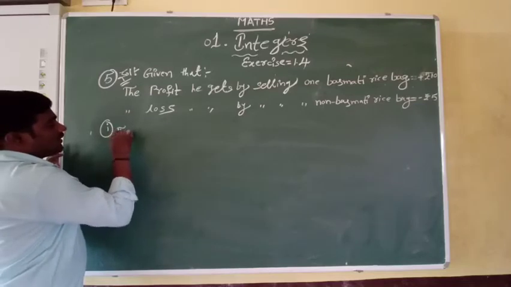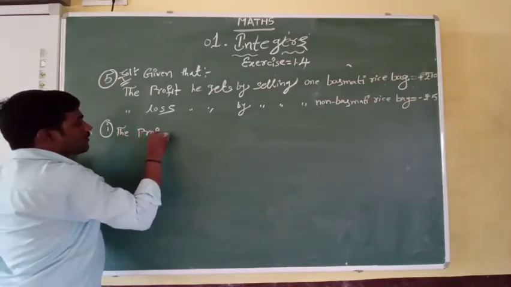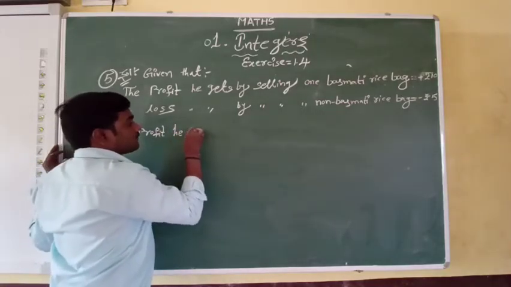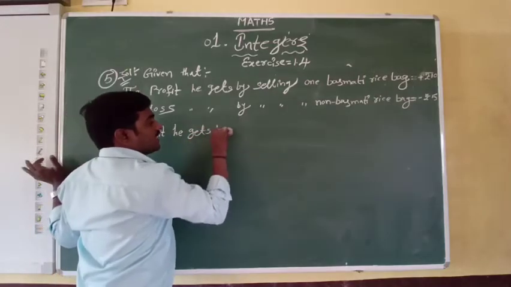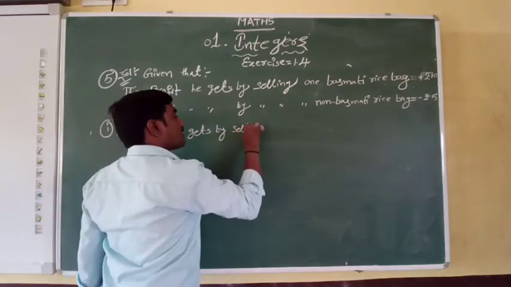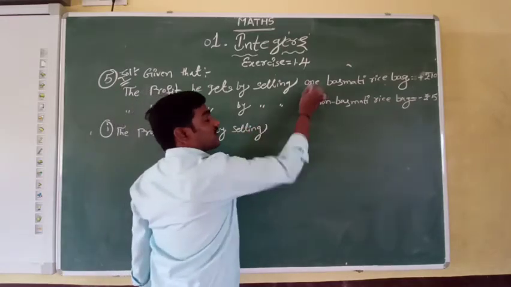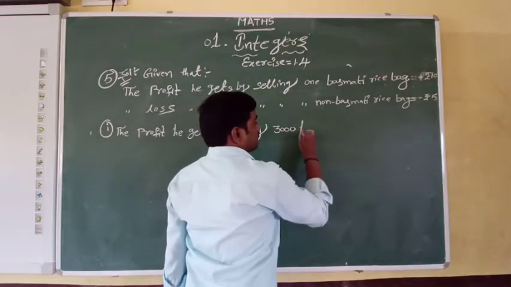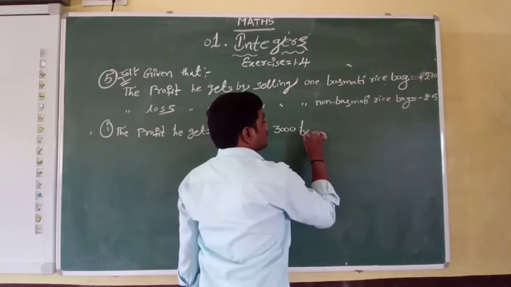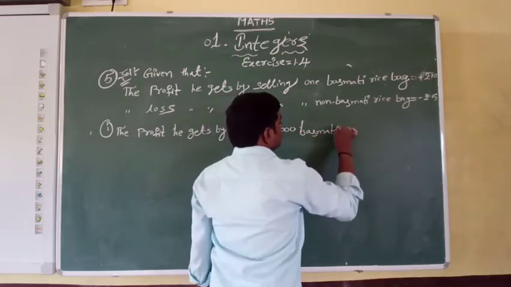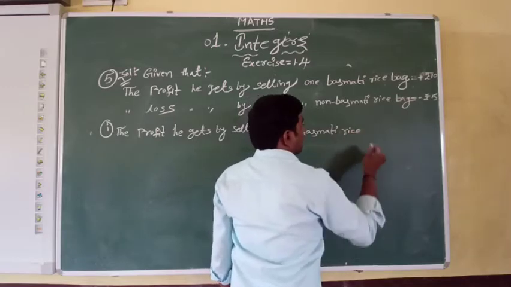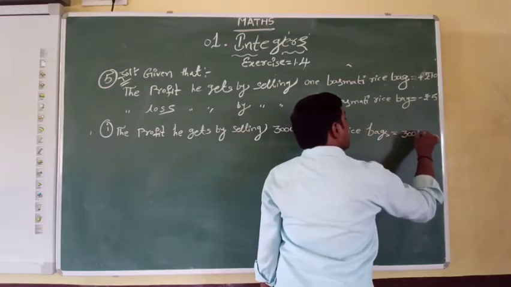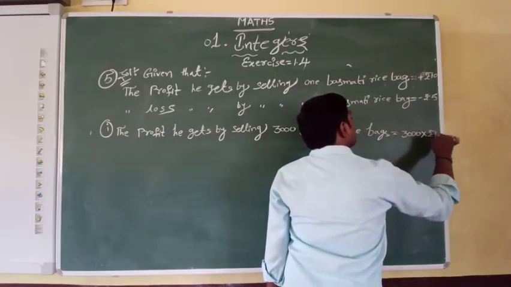First one, the profit the merchant gets by selling not one bag here, but 3,000 basmati rice bags equals 3,000 into 10, because every bag gets 10 rupees profit.